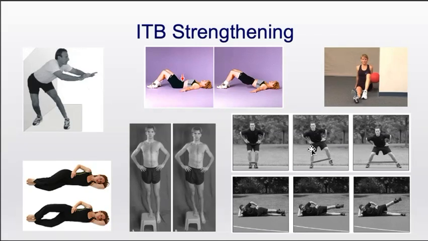Gives you a really good burn after you do them. You can also do sideline hip abductions that you see on the bottom right side of the slide here. These can be done with the feet facing straight forward, or you can rotate the hips so that you're getting some internal or external rotation at the hip.